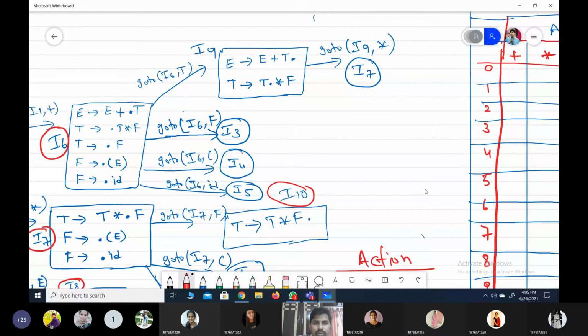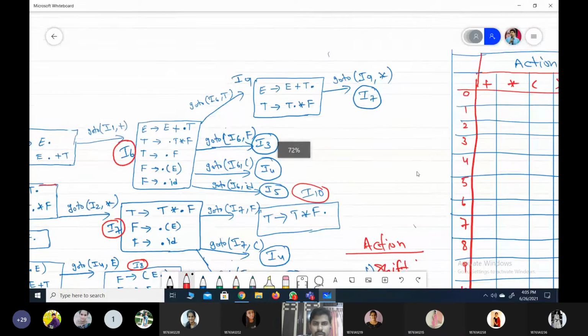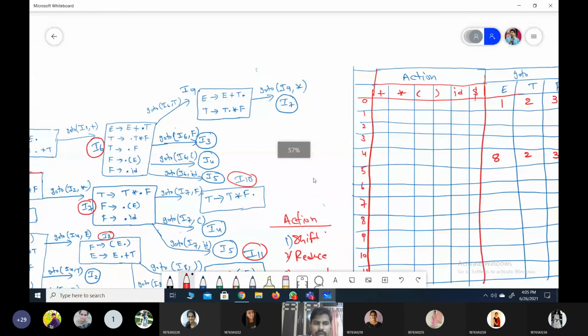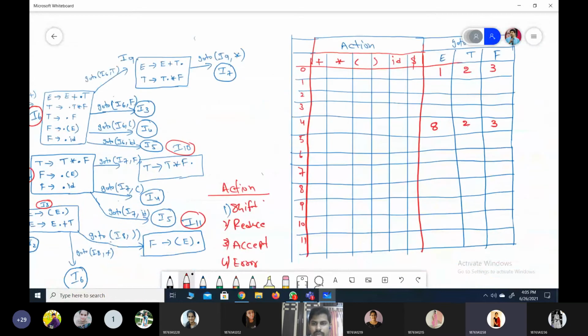That is nothing but the sixth row, T column, state number 9. And I6 on F: I3. That is nothing but sixth row F column 3. Is it okay, everyone?